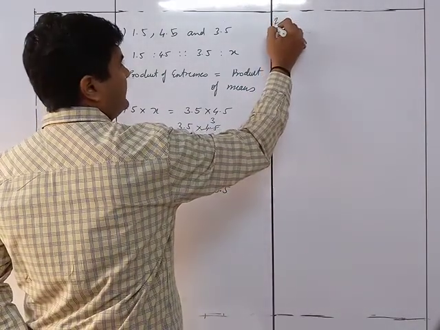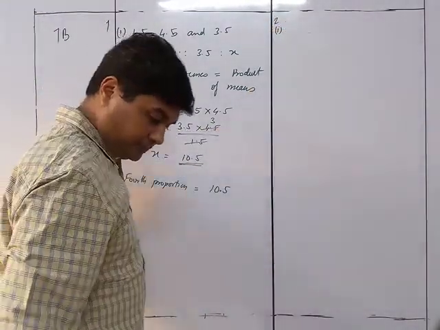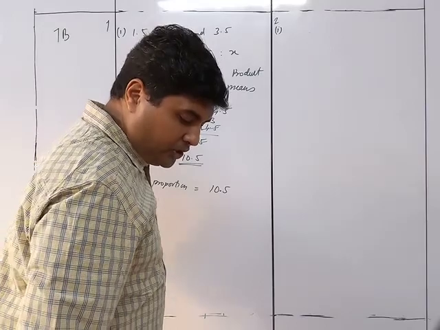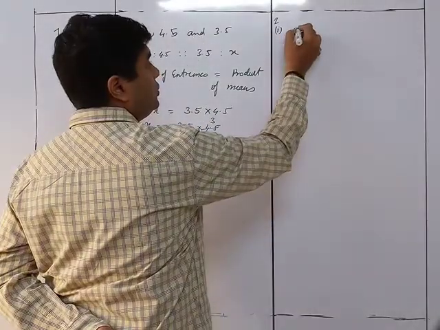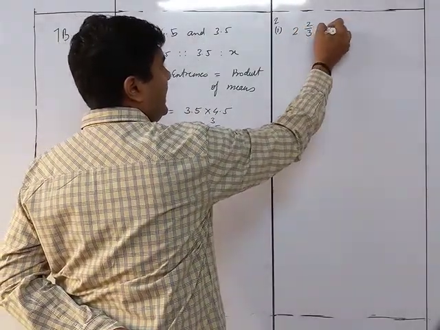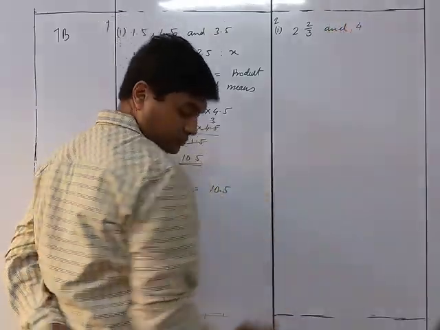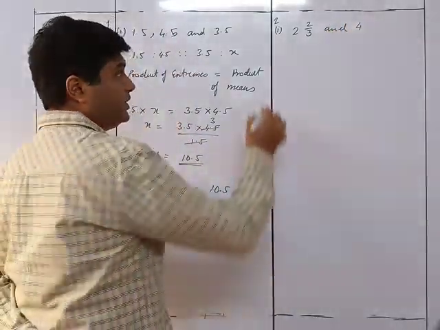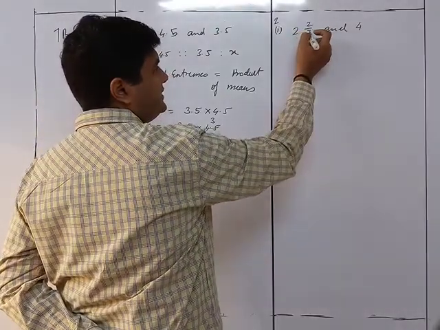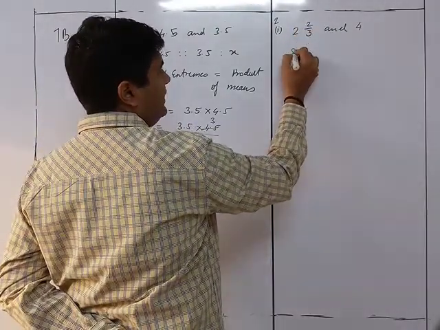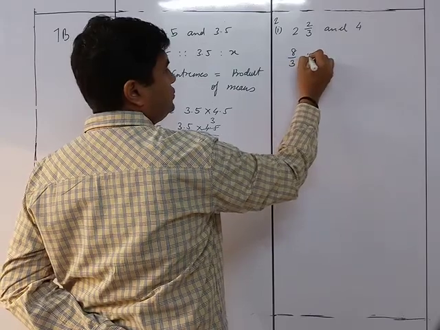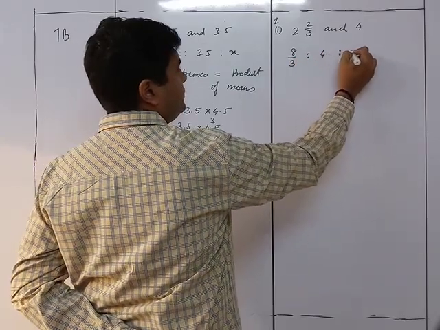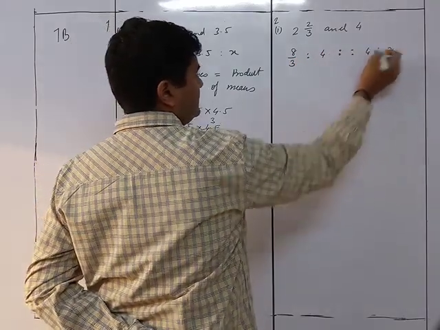Move on to sum number 2. Find the third proportion to 2 upon 3 and 4. You need to find the third proportion. So this is nothing but 2 plus 6, that is 8 upon 3. 8 upon 3 is to 4 is to x.